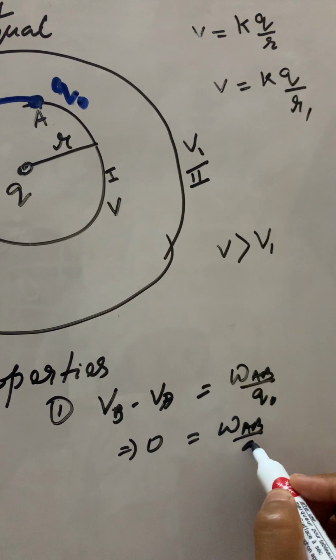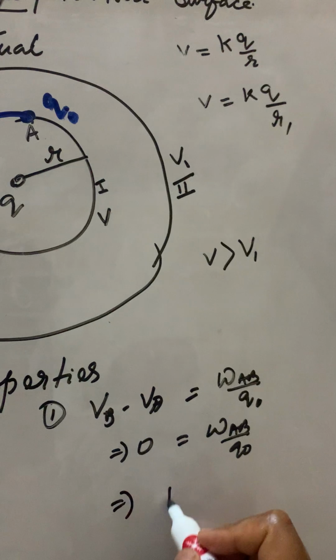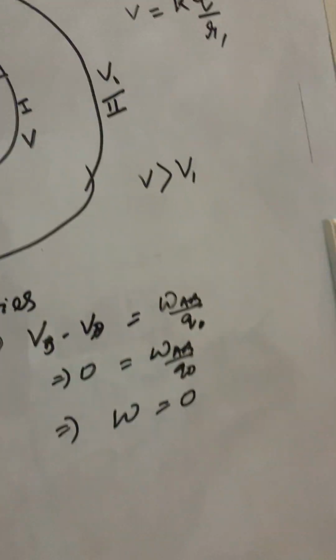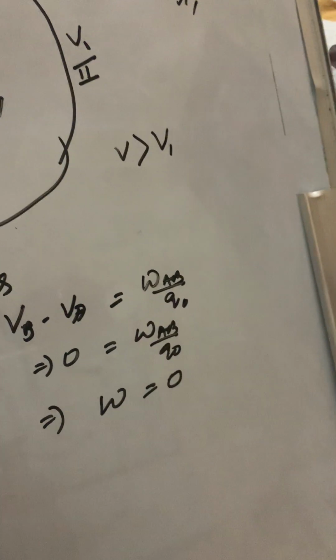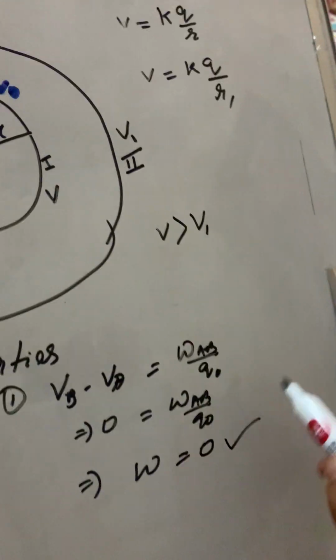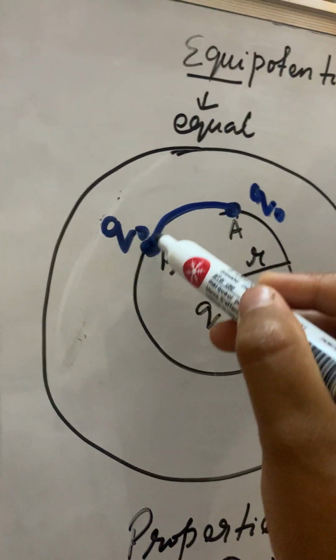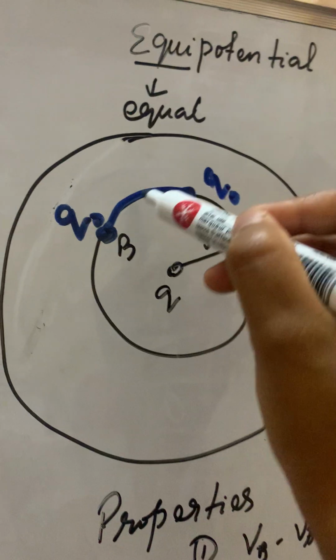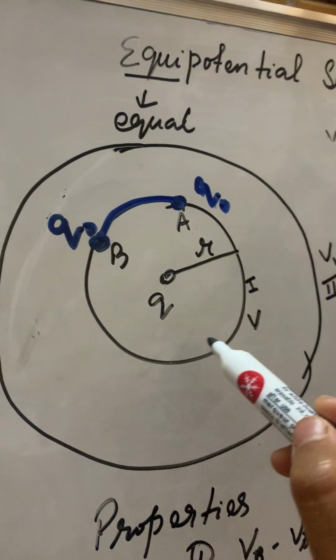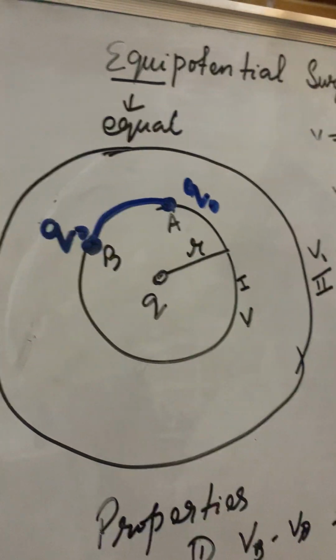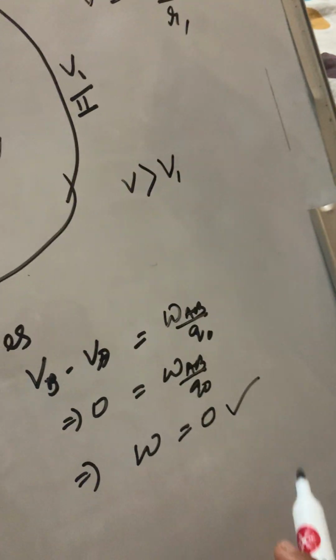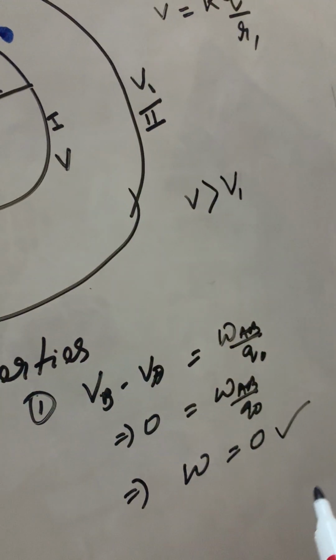Work done is equal to 0, right? So one of the properties is that whenever a charge is moved on an equipotential surface, as the potential is the same, work done is 0. Fine or not?